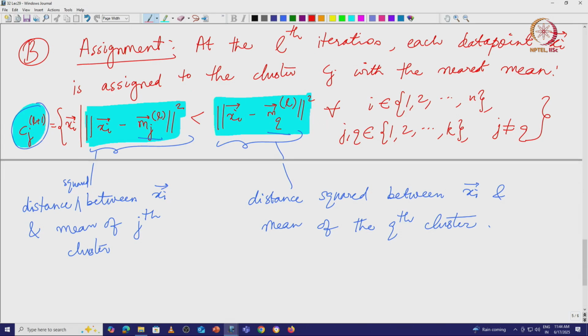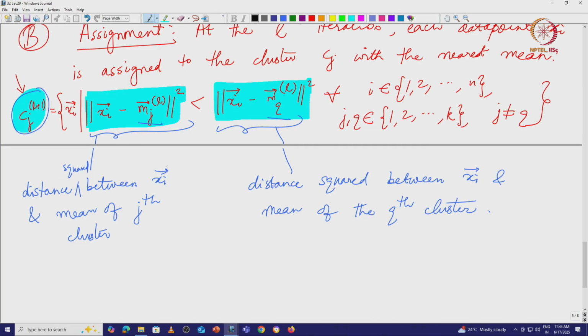Now you can compare how these clusters changed between the two iterations: what the clusters were at the end of the previous iteration and what the clusters are now. So, that is essentially checking of convergence.